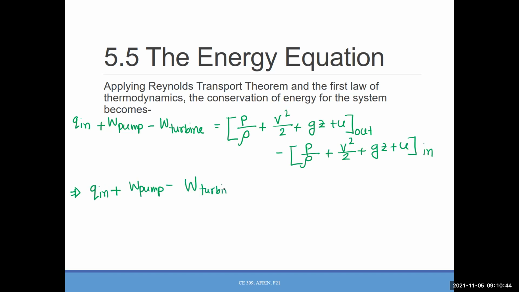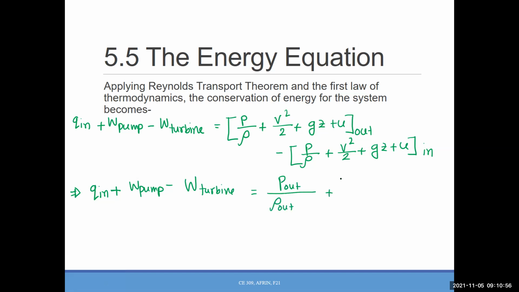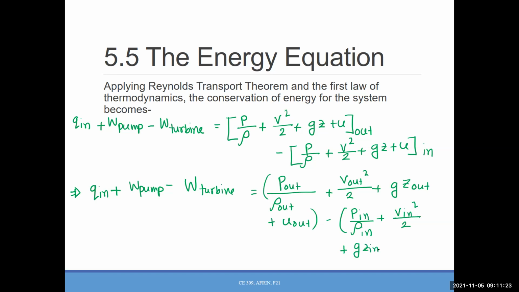I will write down P out, rho out, V out square over 2, and P in, rho in, V in square over 2.